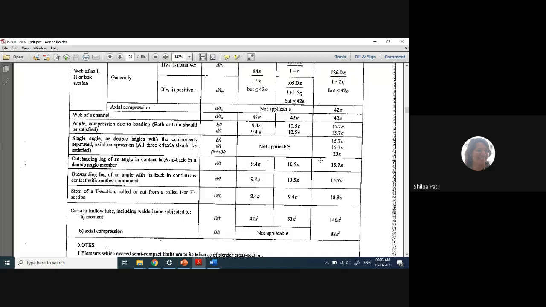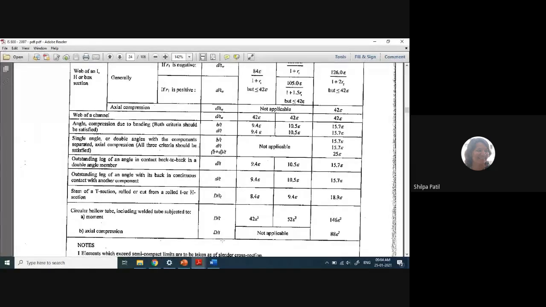Let us go to the limiting values. As per this row, the first two classes are not applicable, so the section will be either semi-compact or slender. The B by T ratio is 7.5, which is less than 15.7 epsilon. Here we cannot say one leg or the second leg, because the third one is a combination of both, so we have to consider all three criteria, and based on that the overall class will be decided.